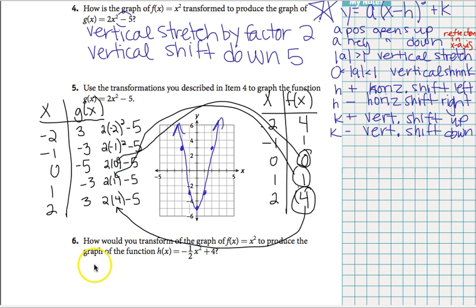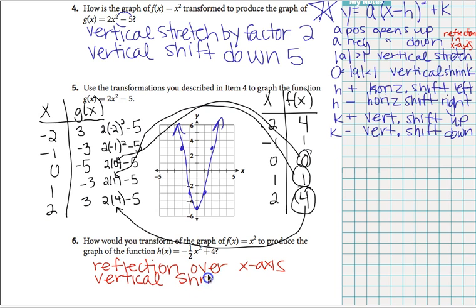So because it's negative, one transformation is a reflection in or over, however you want to say it, the x-axis. Because it's not just a negative 1, it's got a 1/2. A is between 0 and 1 when we take its absolute value, so there's also a vertical shrink.